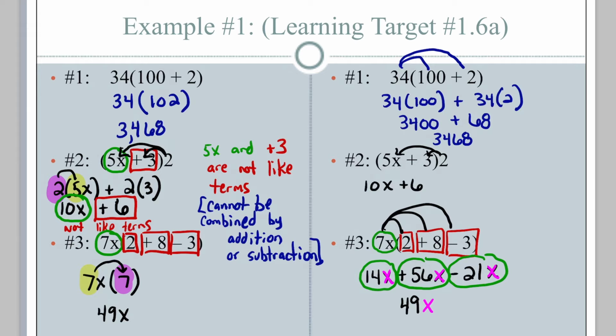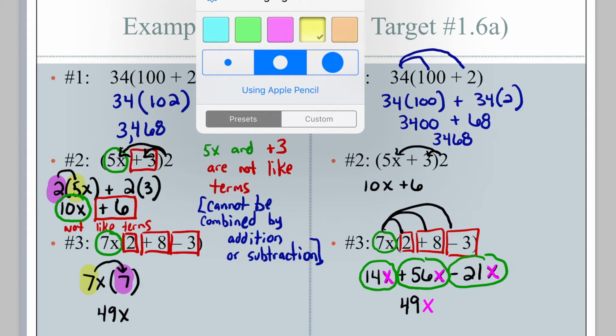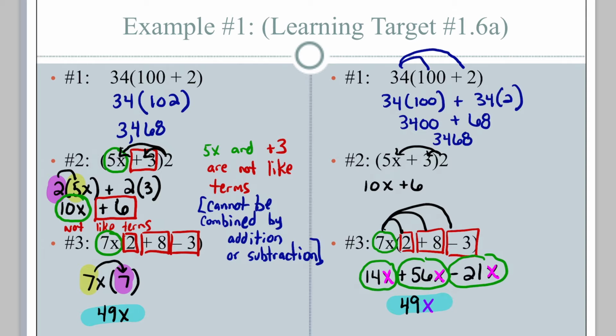And so in combining these like terms, we have added the coefficients, and in the case of the minus 21, we added the negative, and then the x maintains its same properties as far as the variable and the exponent. Notice finally that despite distributing first or using the order of operations, my two final answers are the same.